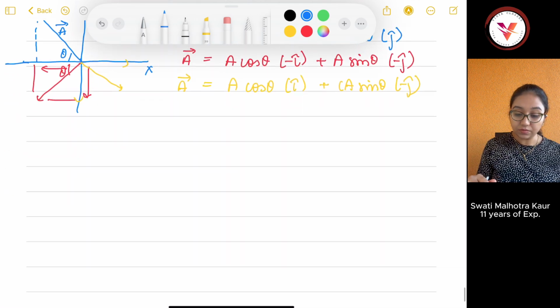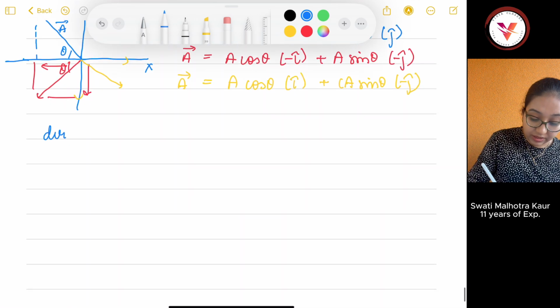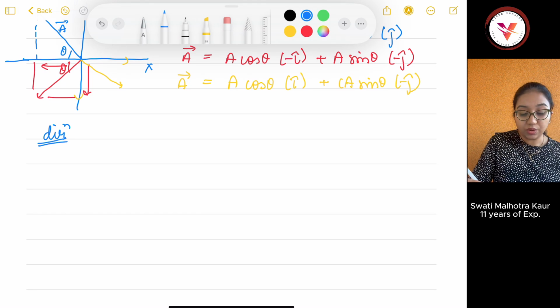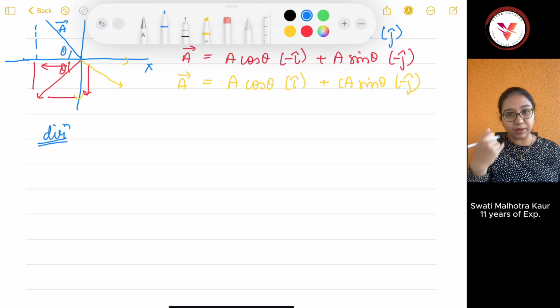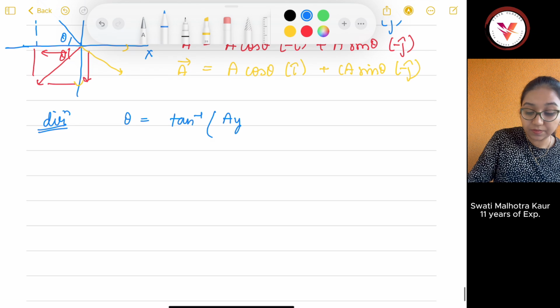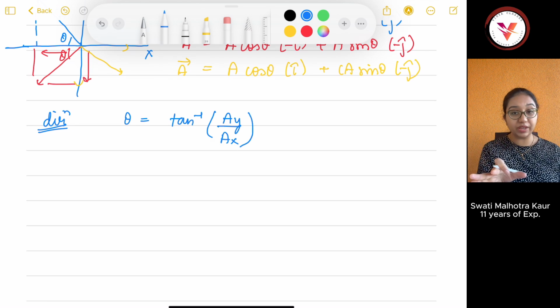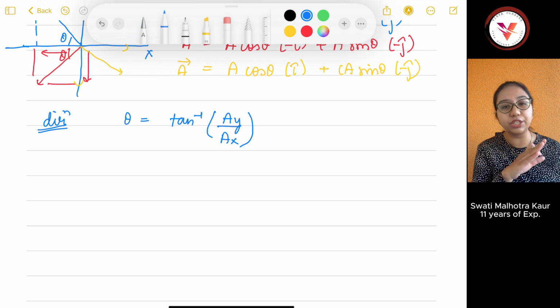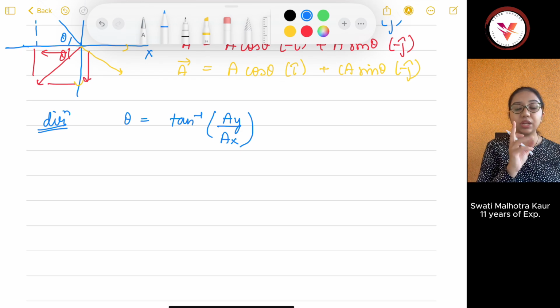Now, if you want to find the direction, you can simply divide AY by AX. Here, theta is tan inverse of AY by AX, simply. We also learned this in our last videos when we discussed addition.